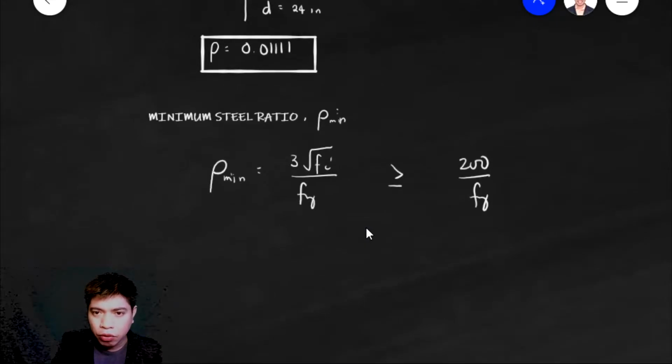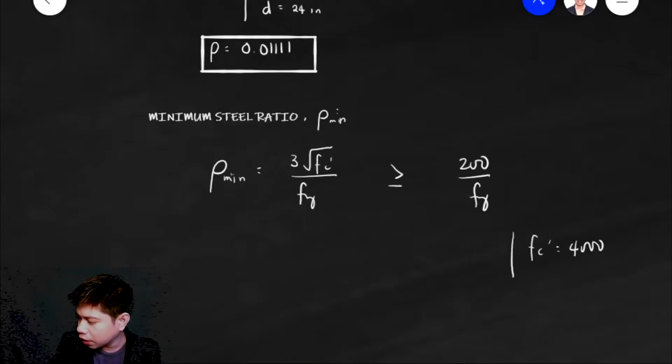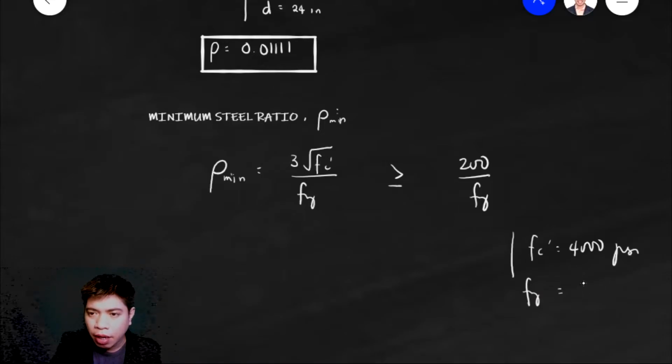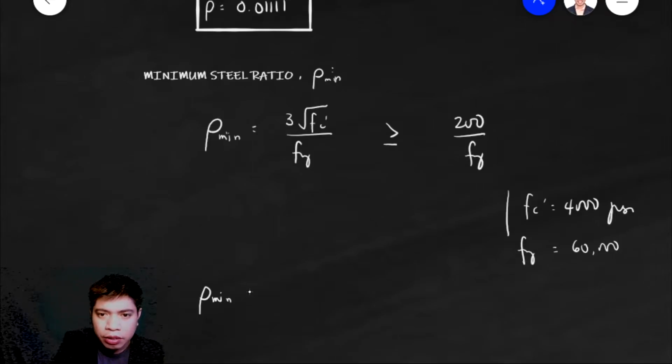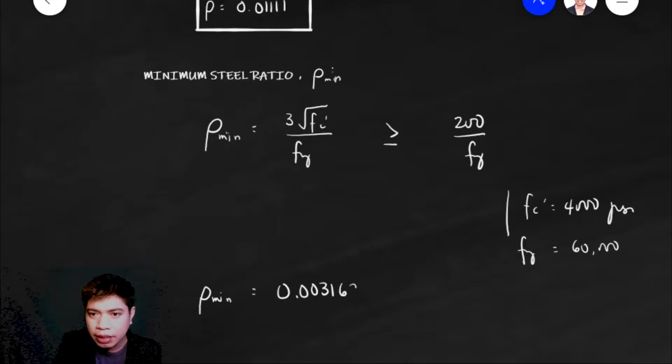Okay? So, of course, meron tayong given f sub c prime at saka f sub y. So, according to the problem, yung ating f sub c prime is equals to 4,000 psi and yung ating f sub y is 60,000 psi. So, substitute lamang natin guys and makukuha natin yung ρ minimum. Okay? So, ang lalabas dito guys is ito, 0.003162.